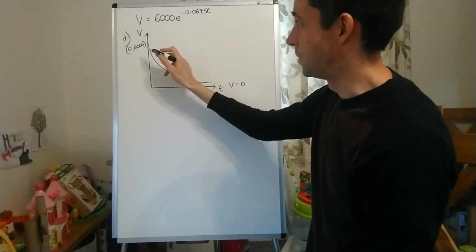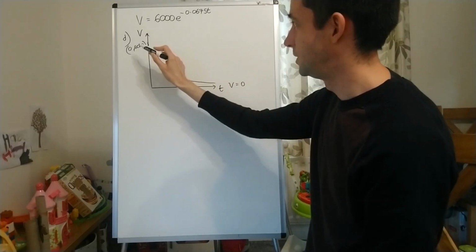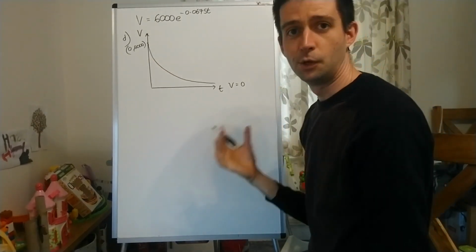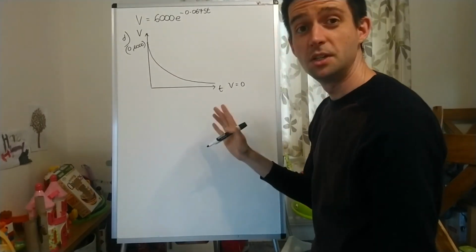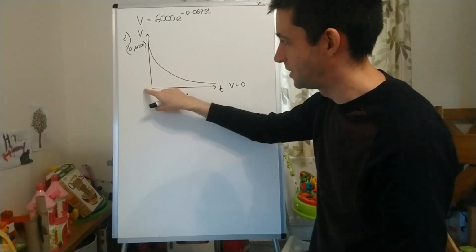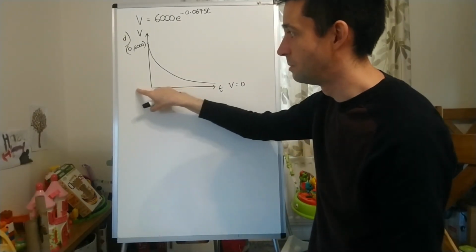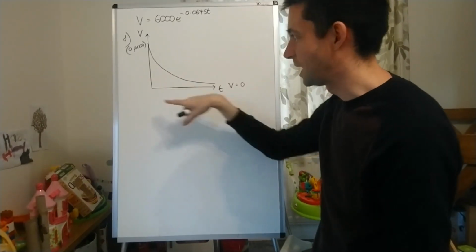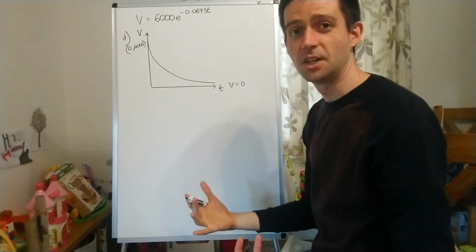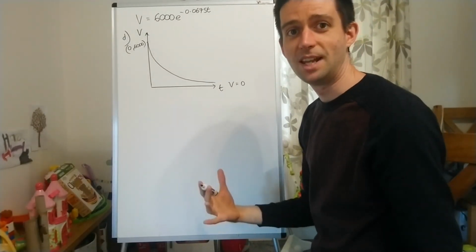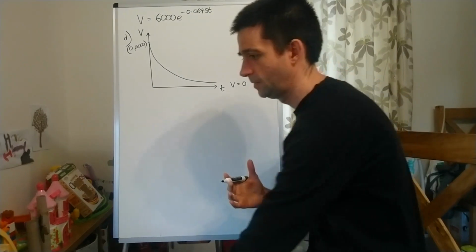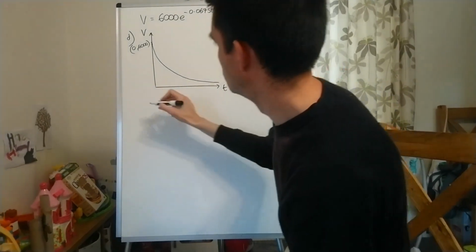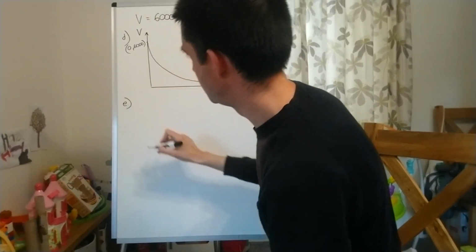So there you are. Shape, intercept, asymptote. Job done. Notice, and this is very, very important, that I do not have a negative part of my t-axis, because you cannot have a negative time.